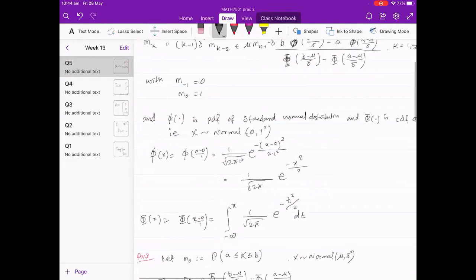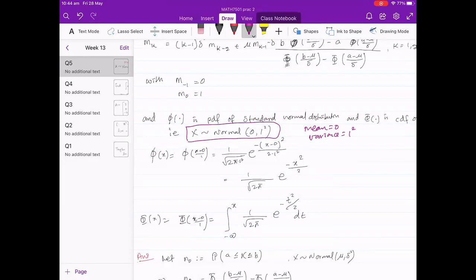So the definition of standard normal random variable is this part here. Its mean is 0. Variance is 1. Okay, that's the standard normal mean and variance.